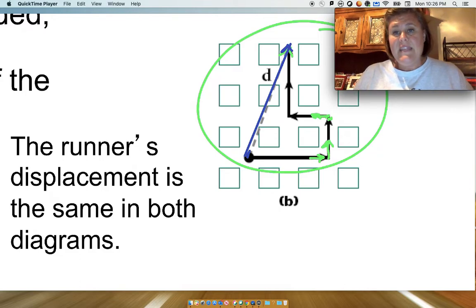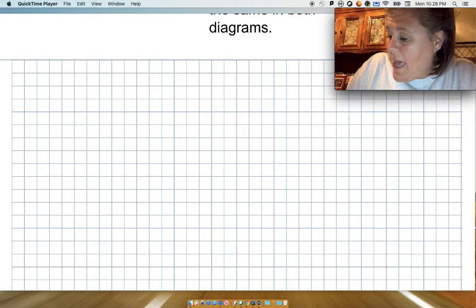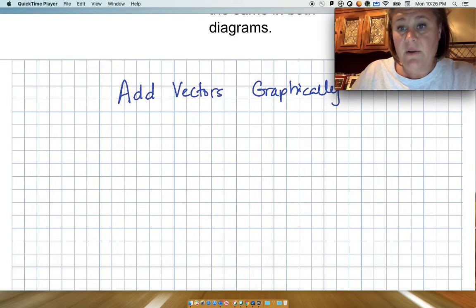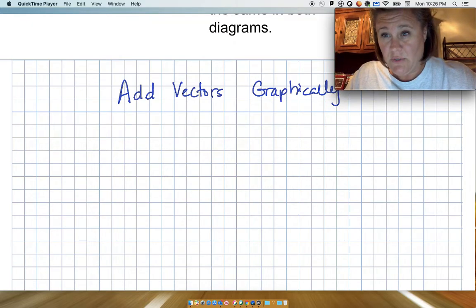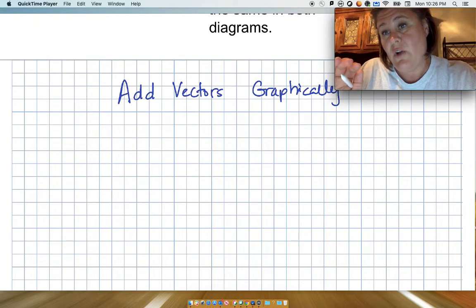In the next video I am going to add vectors graphically. Here are the steps. Step 1: first of all, you need to make sure that you're adding similar vectors, velocity vectors to velocity vectors, and that you're adding vectors that have the same units.